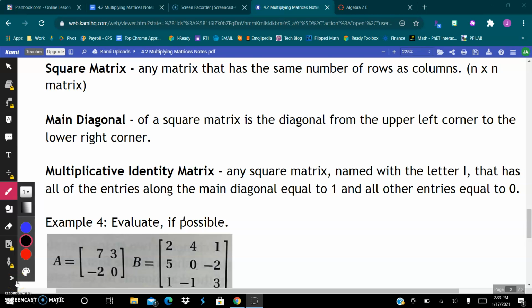All right, so continuing on with section 4.2 in multiplying matrices, we are going to talk about a square matrix. And a square matrix is kind of just what it sounds like. It's going to have the same amount of rows as it does columns. So a 2 by 2 or a 3 by 3.